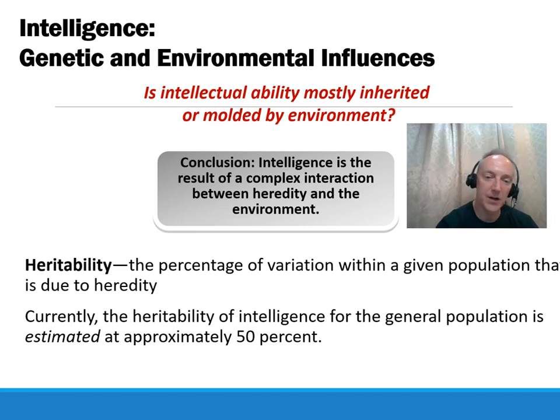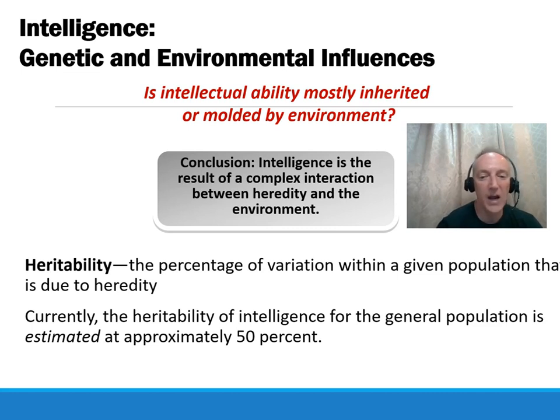We could take somebody who comes from very smart parents, and if we never talk to them, never read to them, never take them to school, they're probably not going to turn out as smart as their parents. So we have to look at this combination of both genes and environment.